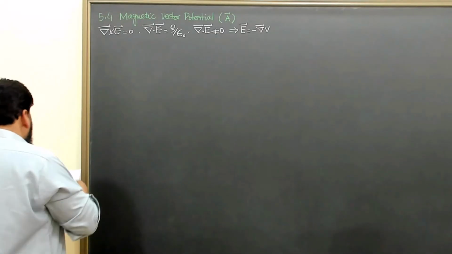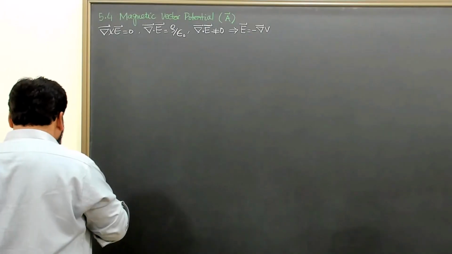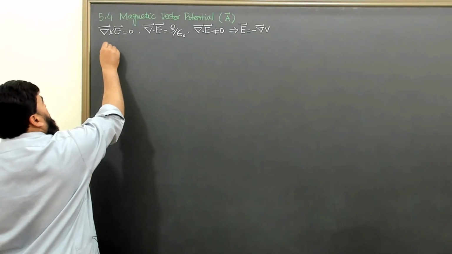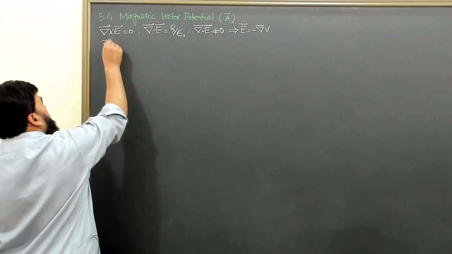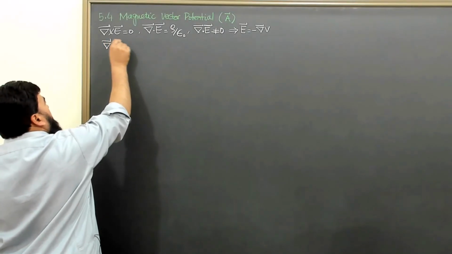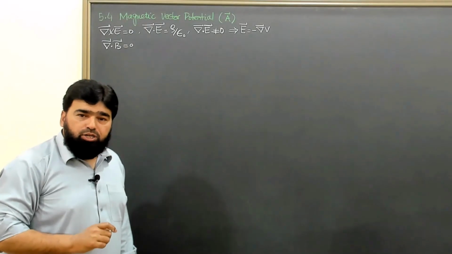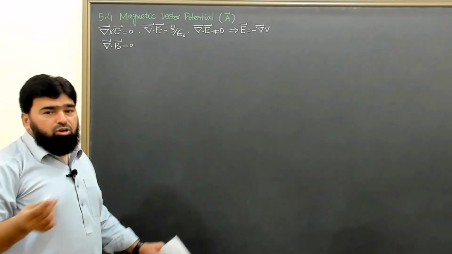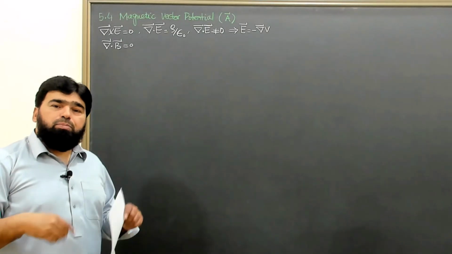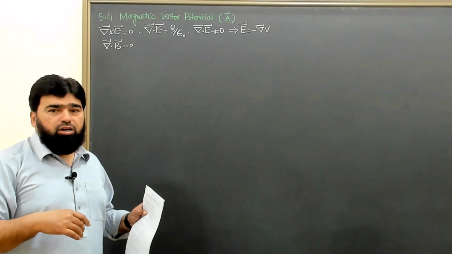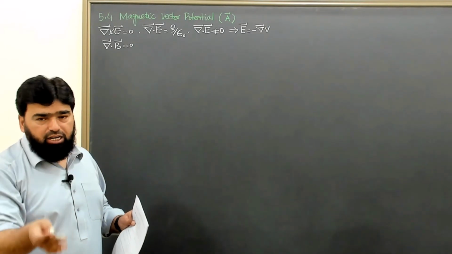So when we come to magnetostatics, we know that the divergence of B is equal to 0. The magnetic monopole doesn't exist, so it is not diverging. It's in the form of a dipole, and dipole lines, whether of the electric field or the magnetic field, are converging.